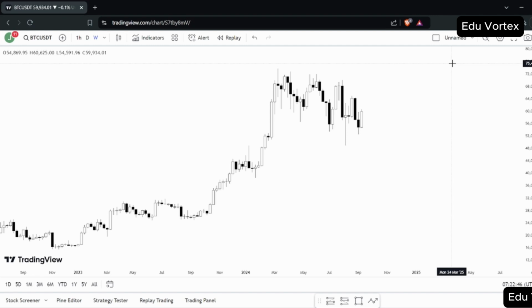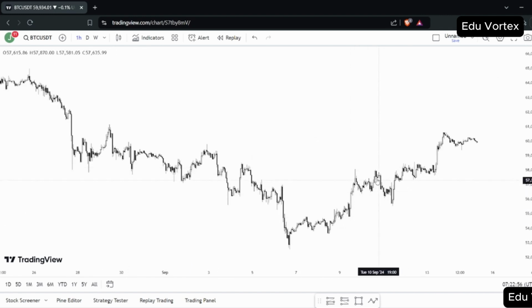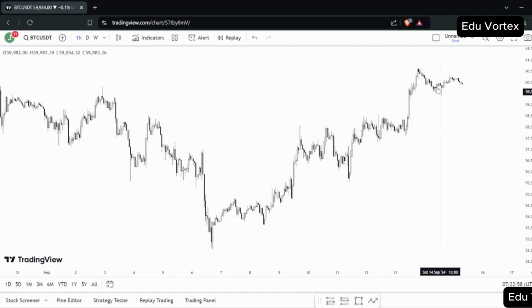Not illiquid tokens which can dump and pump 100% in one day. No, because those will wick you out. They will not have clean price action such as this one. Okay, these ones have clean price action, predictable price action.